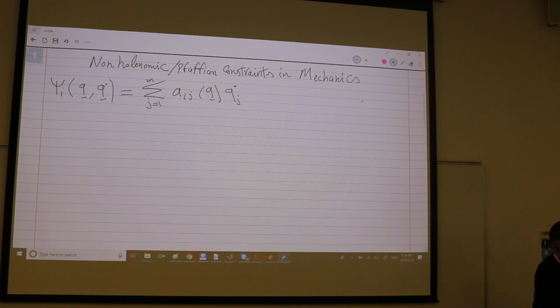We have seen them in 241, our dynamics course. Here's an example. This is x and y, a trajectory for this rolling disk, and it's rolling without slipping.